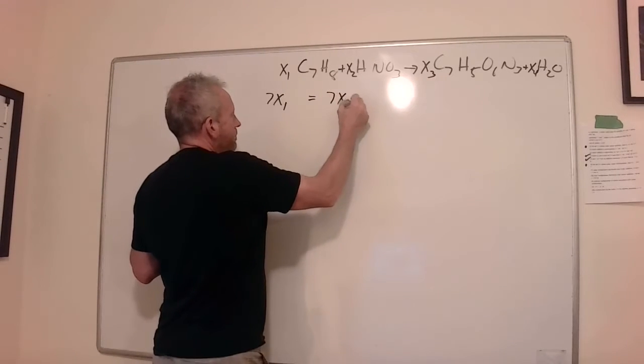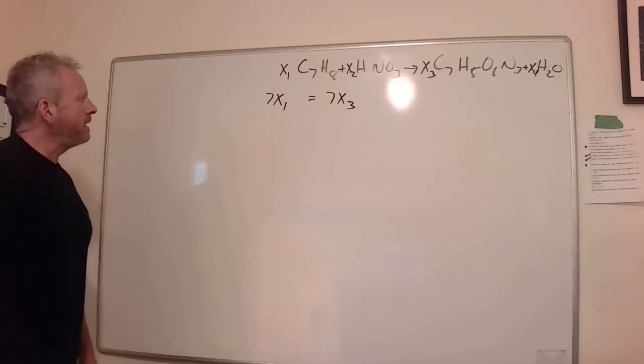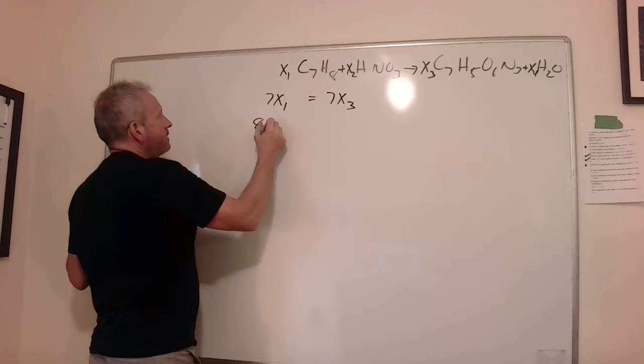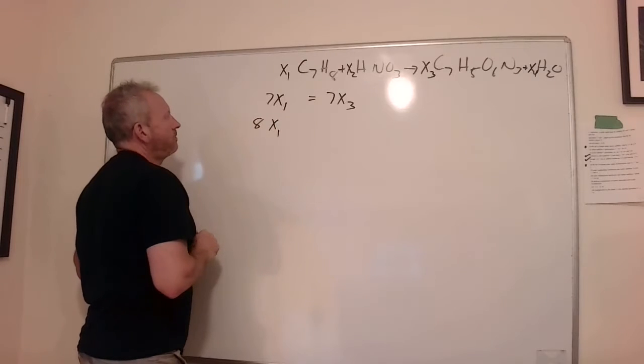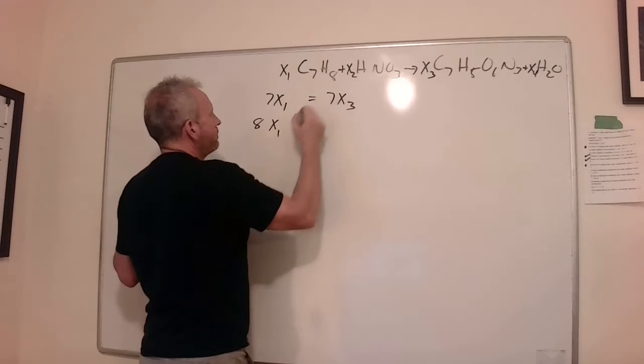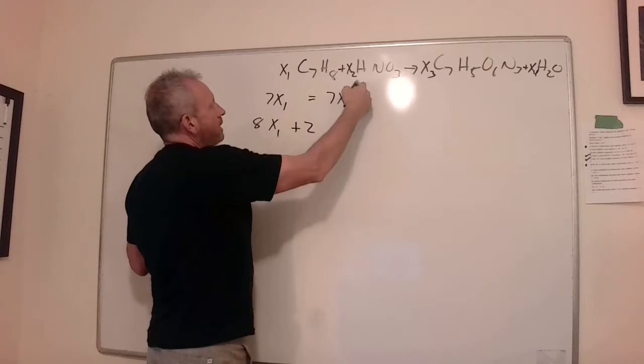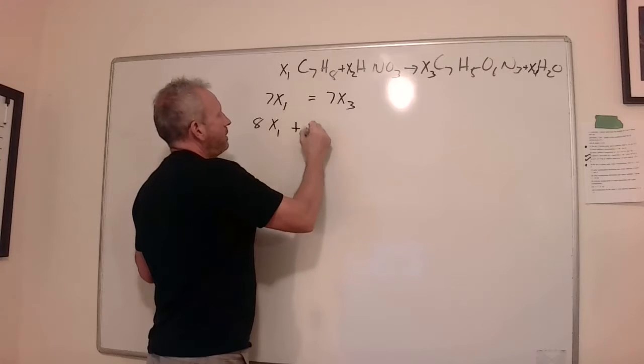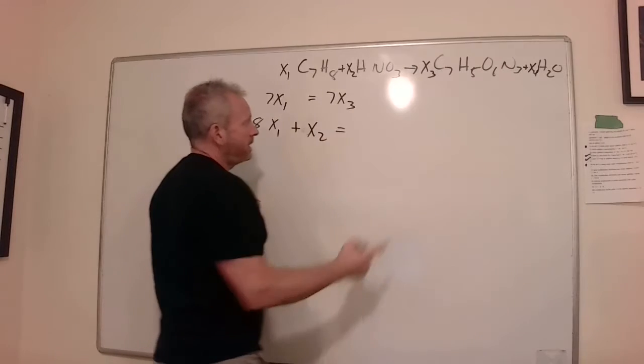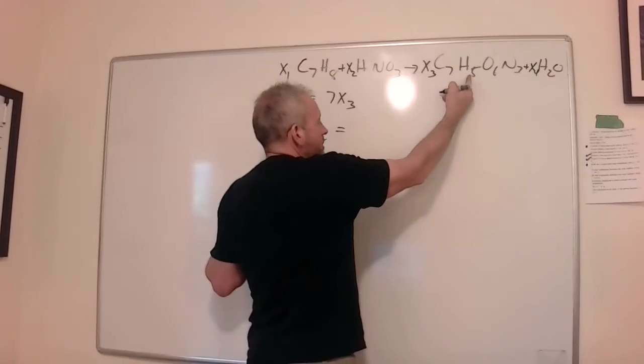So 7x3. And let's see, in terms of the hydrogens, we have 8 hydrogens from there, 2 from here. So plus 2, oops, 1 hydrogen. So x2 equals, and then 5 hydrogens here.